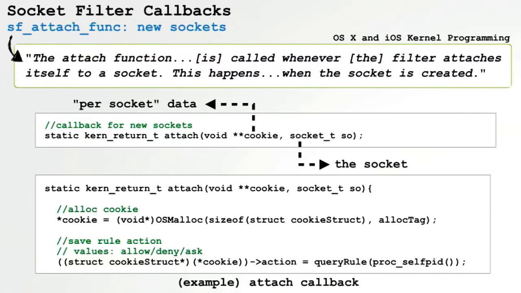It's called with the actual socket and also a cookie parameter, which can hold any socket-specific data. Here we allocate a chunk of memory, and then we store an action based on the PID of the process. If it's a process we're going to allow, we set it to allow. If it's a process we want to block, we set the action to block. And if it's a new process or something that we don't recognize, we set the action to ask.